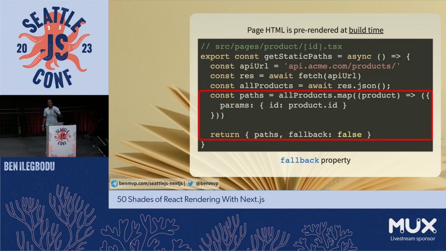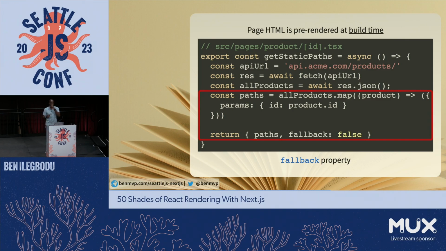Then that list of products is massaged, and we can do array mapping to be fancy and such. And we return the paths from getStaticPaths. So if we had 100 products, then we would return 100 paths.